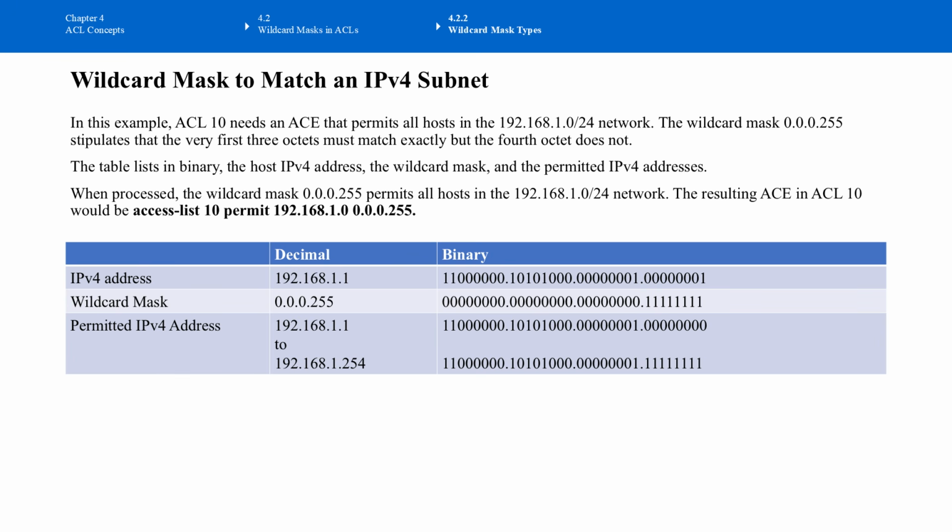So the last row, permitted IPv4 address, as you can see, they are here. We basically take all the matching bits, the ones in blue, and copy and paste them in the last row. So the leftmost 3 octets are completely the same. For the remaining octet, the 8 bits can be any number in the range.